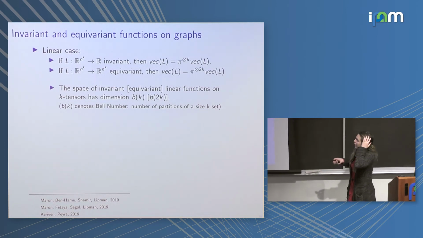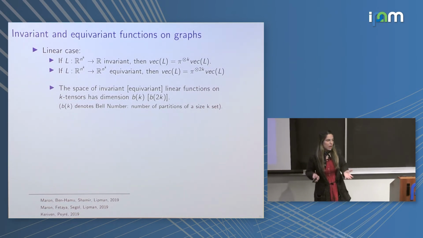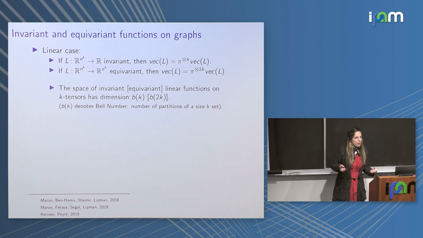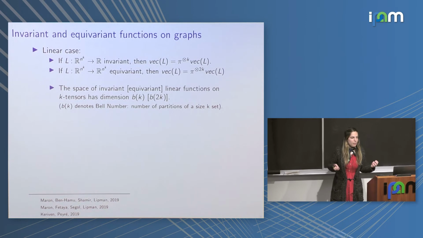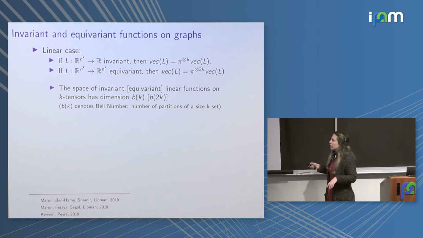Another type of graph neural networks that people have considered is linear equivariant networks. In particular, if you consider all the linear functions that go from k-tensors to R that are invariant, then you can think of it as a linear space, and that linear space is finite dimensional, and actually the dimension of that space does not depend on n.